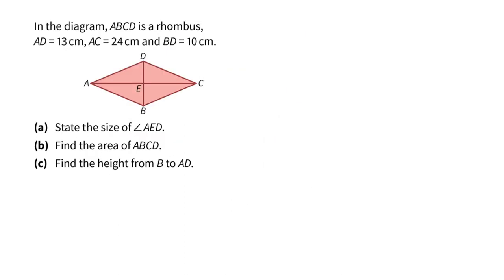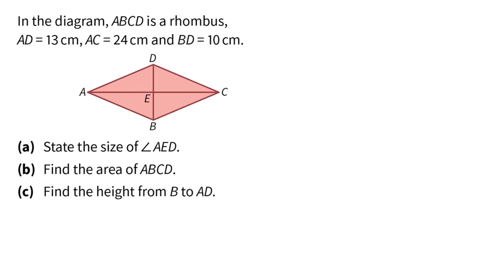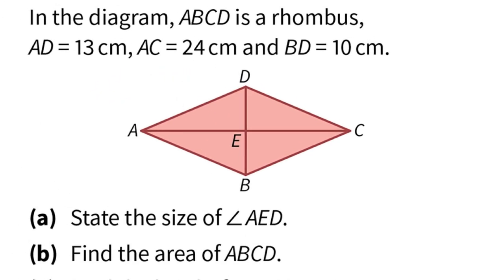Hello everyone, welcome to this problem where we are given a rhombus ABCD. The lengths are given, so to make it easier for us, I'm going to indicate them on the diagram itself.